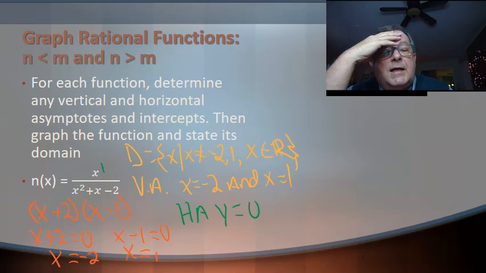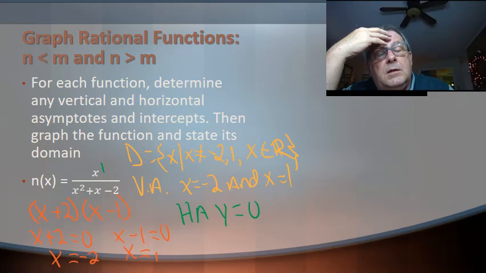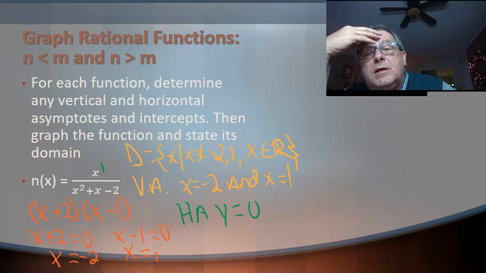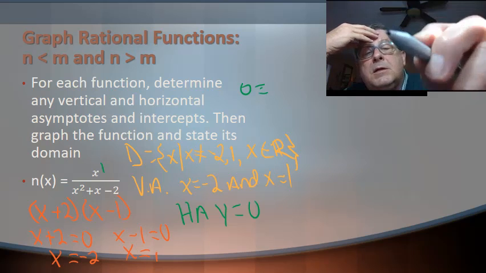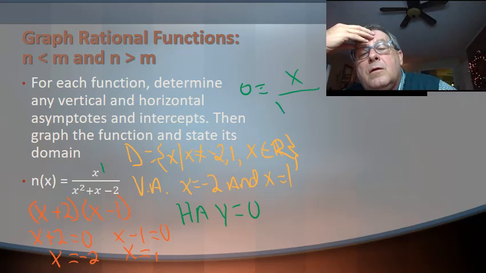If I want to find the x-intercept, I'm going to set y equal to 0. So I've got 0 equals x over x squared plus x minus 2.